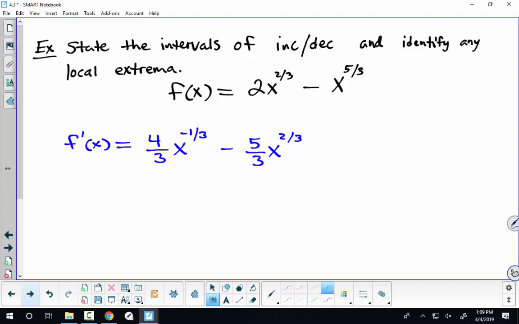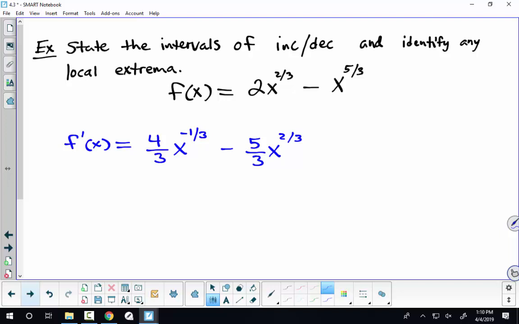So when we're moving forward with finding the critical points, where the first derivative is 0 and where the first derivative is undefined, this is where looking at exponents that are positive and negative in two different ways is beneficial. For solving this equation equal to 0, I think it's more beneficial to leave it as it is with the exponents just as they are.